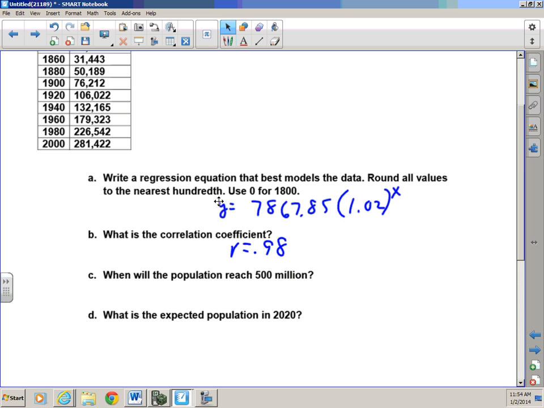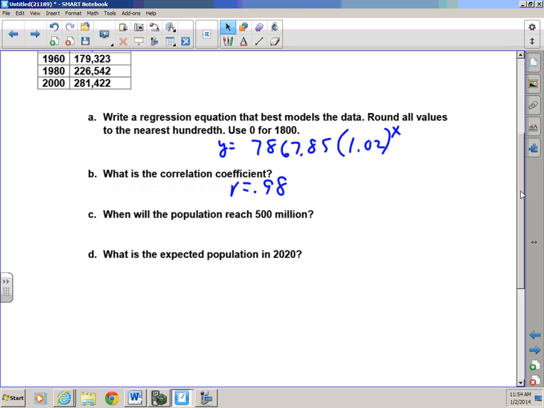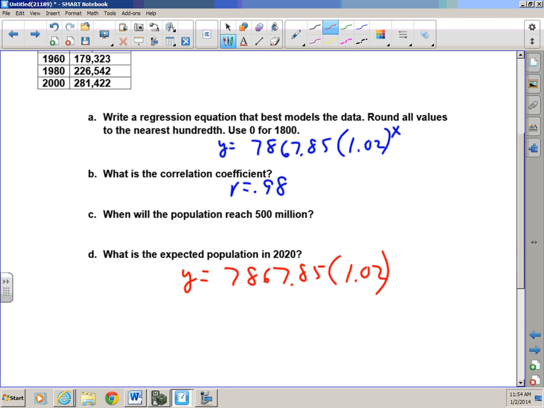Now I'm going to do answer D first, and then we'll come back to C. So D, since it's asking you for the growth, well, 2020 would be 220 as my exponent based upon my inputs. So it would be 613, 612 if I did the math correct.